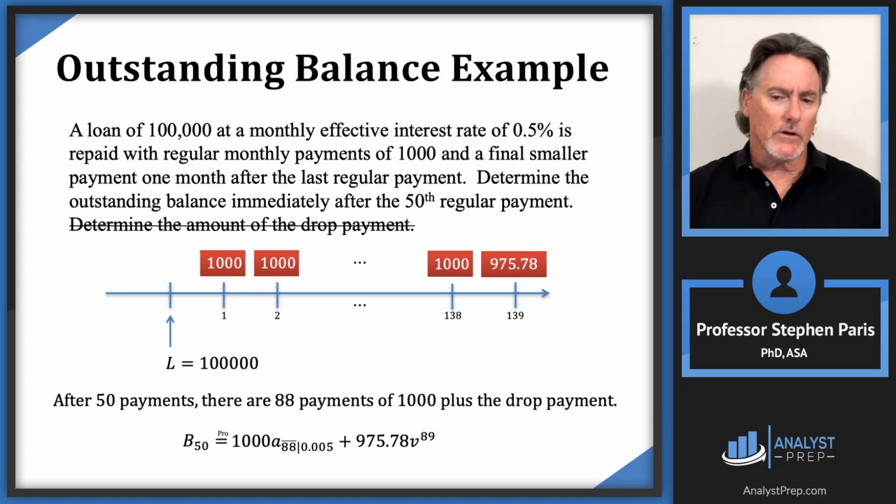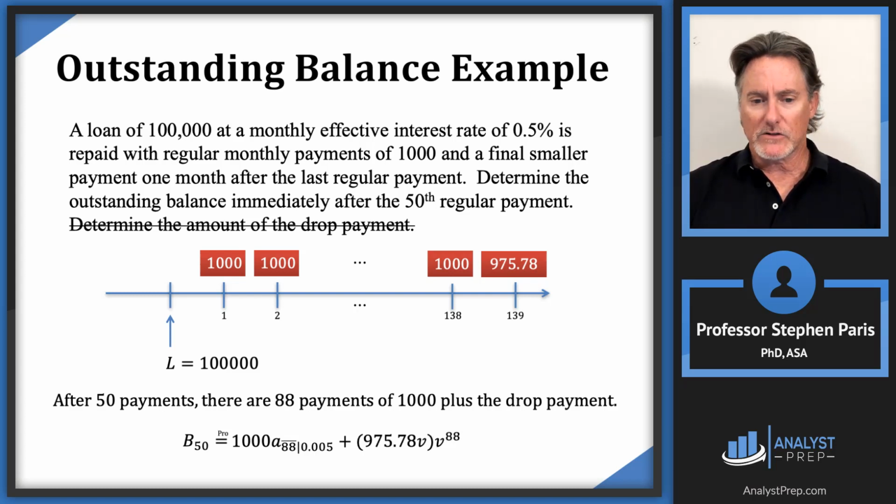So I want to show you a little trick that you can use to make this a one-step calculation. You can peel off one of the factors of v from the v to the 89th and group that with the 975.78 and write it this way, so that now, using an n value of 88, I have an a angle 88, and then I have that v to the 88th.